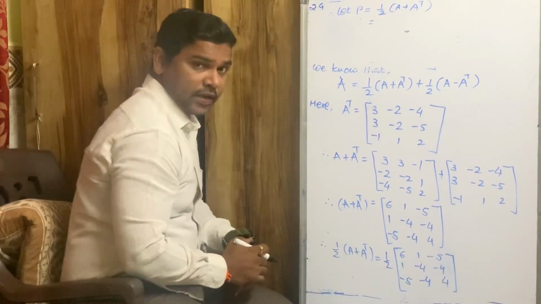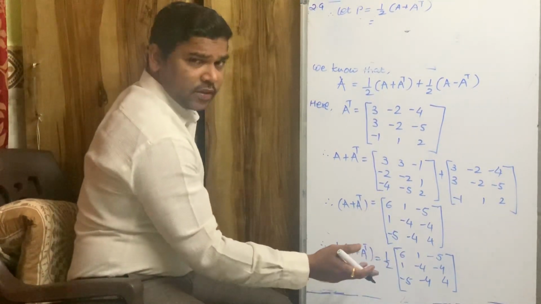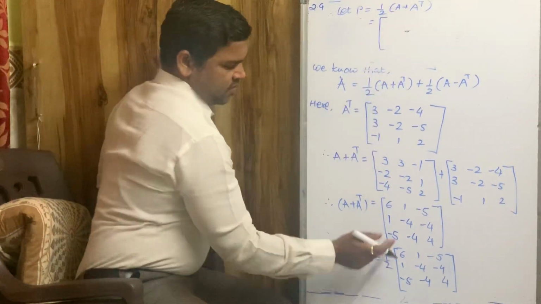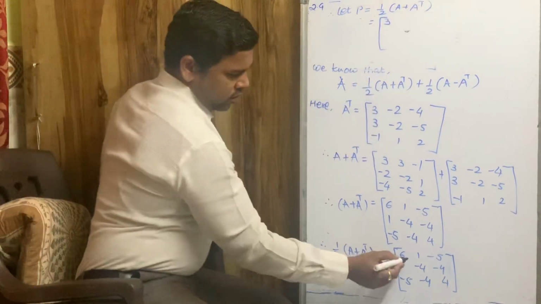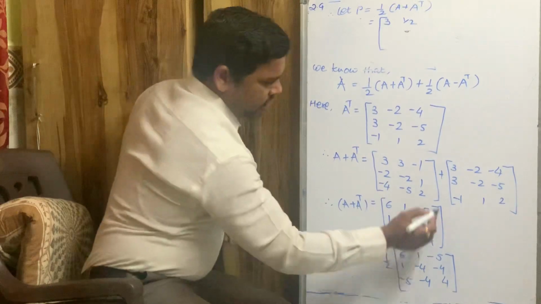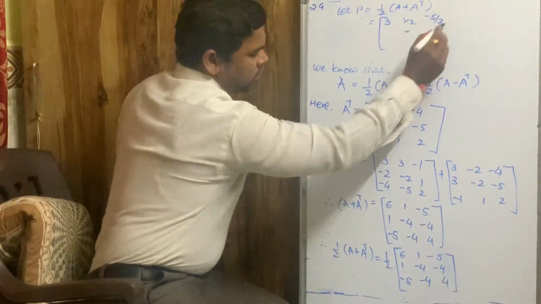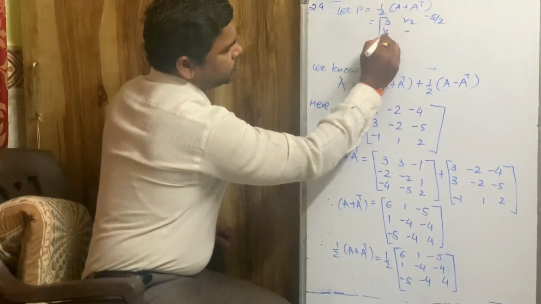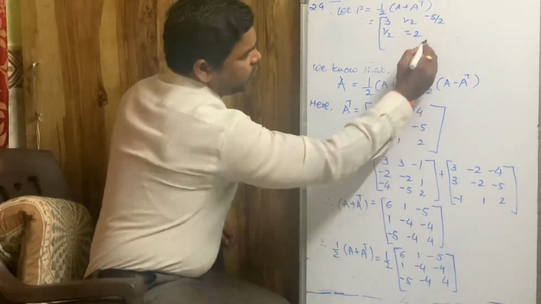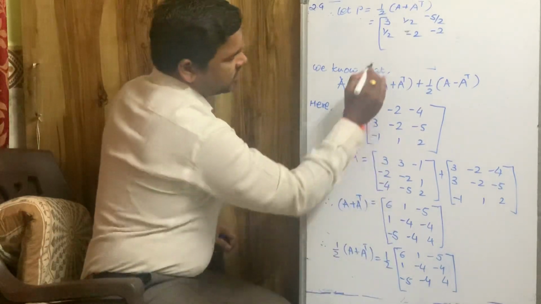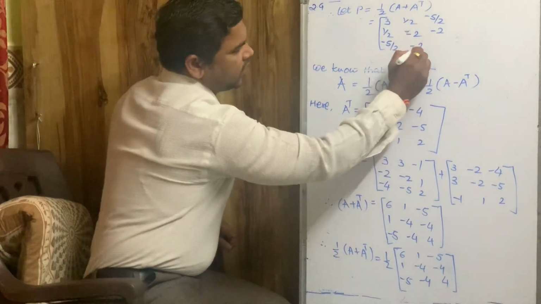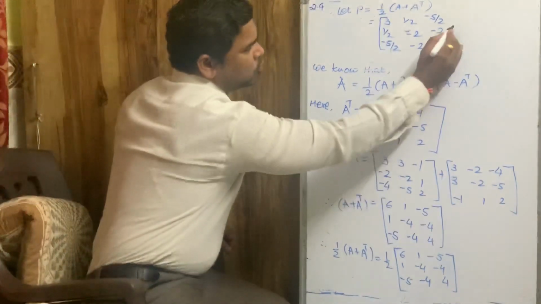Multiplying by half means dividing by 2. So you will get 6 divided by 2, that is 3, 1 by 2, then minus 5 by 2, then 1 by 2, minus 4 by 2, that is minus 2, minus 4 by 2, minus 2, minus 5 by 2, then minus 4 by 2, that is minus 2, and 4 by 2, that is 2.